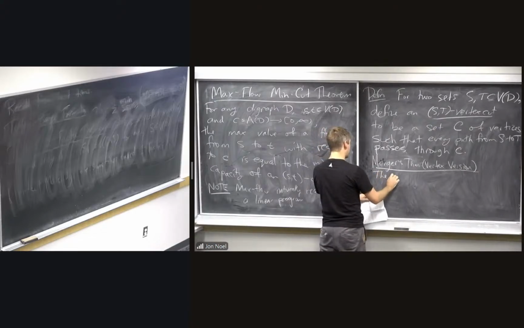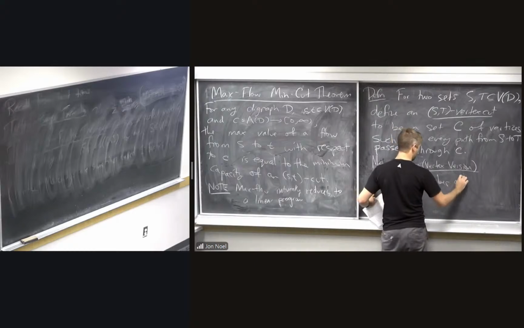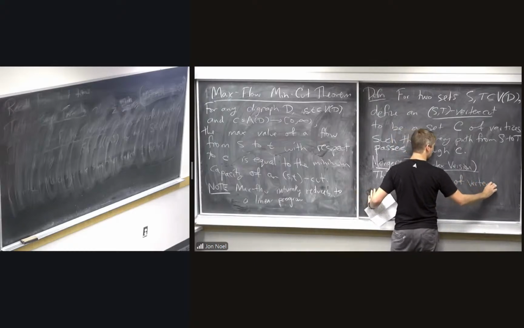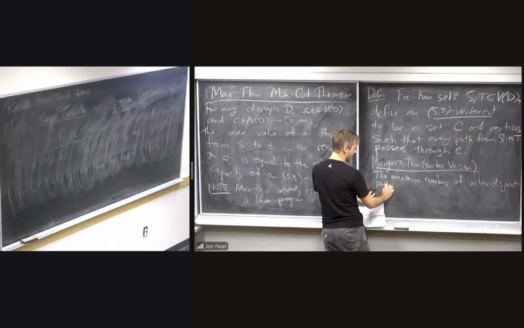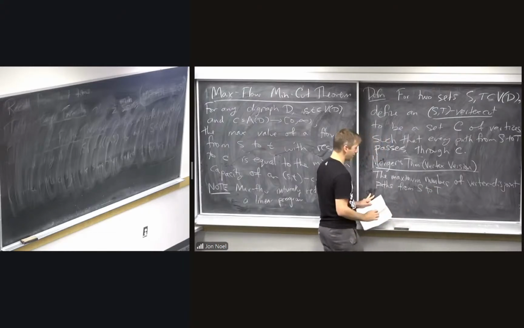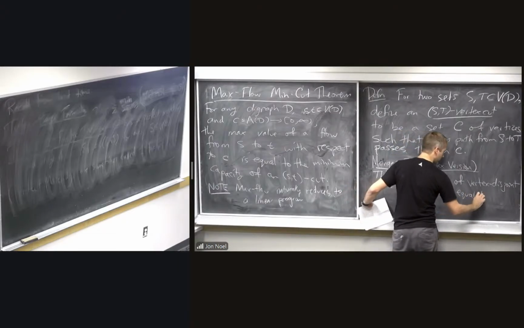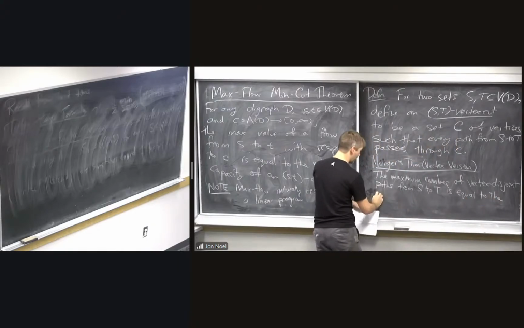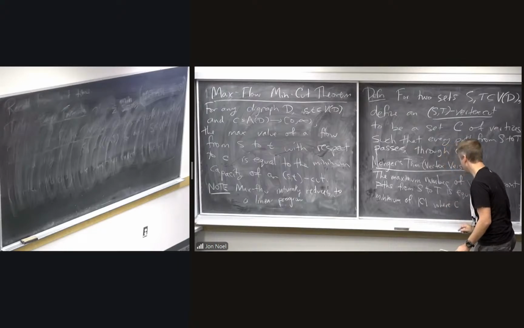It says that the maximum number of vertex disjoint paths from S to T is equal to the minimum of the cardinality of C, where C is an ST vertex cut.